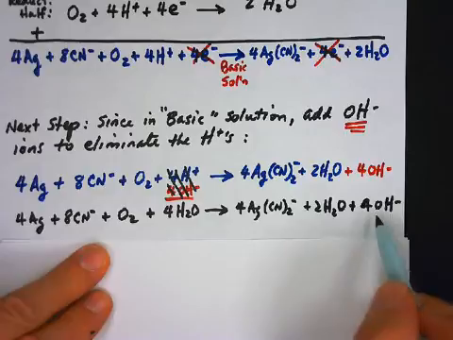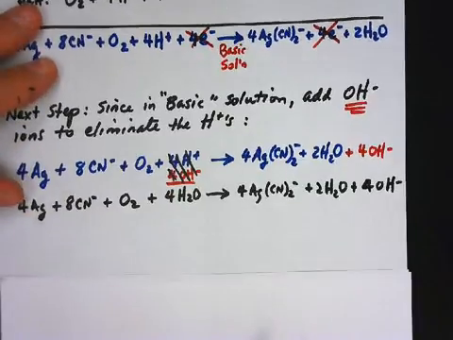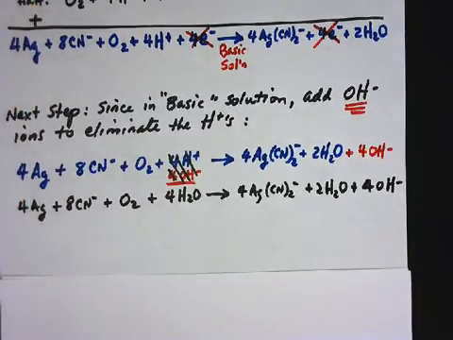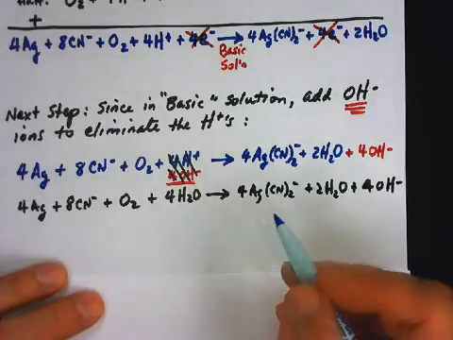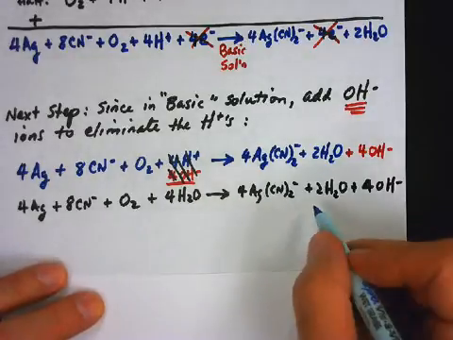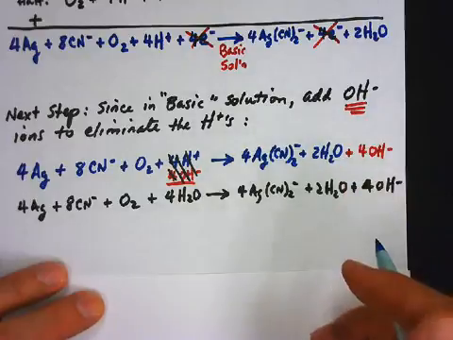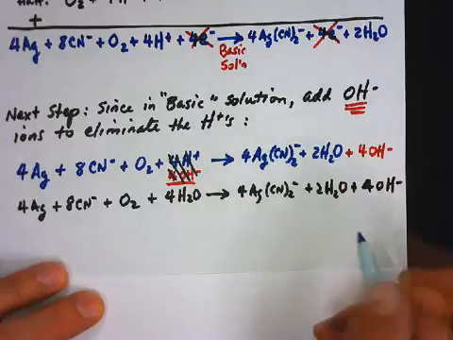Those 4 OHs are going to remain in the solution, and that's what makes this solution basic. The last step, though, is to simplify this. It's not simplified enough because you see here we have 2 H2Os right here and 4 H2Os on the left. So we better combine like terms, simplify this problem out.